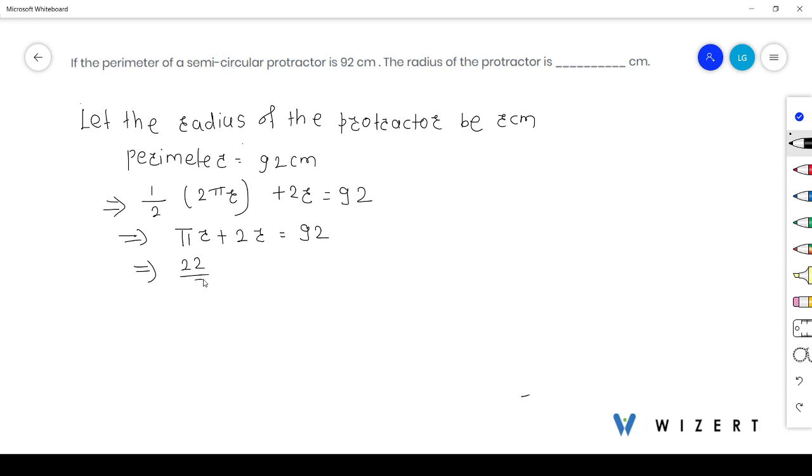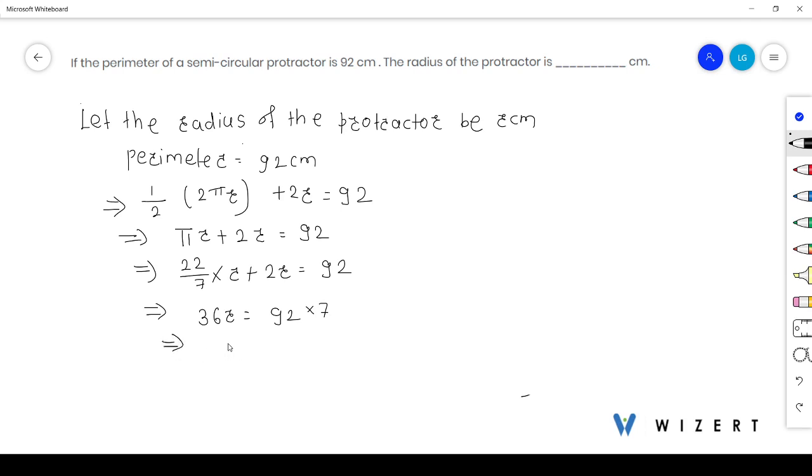Pi is 22/7 into r plus 2r equals to 92. So after solving this, we will get, multiplied throughout by 7, we get 22r plus 14r, that is 36r equals to 92 into 7.